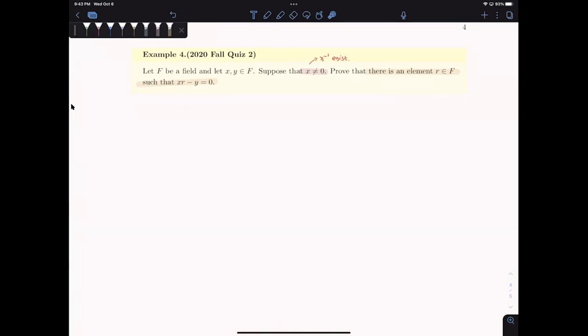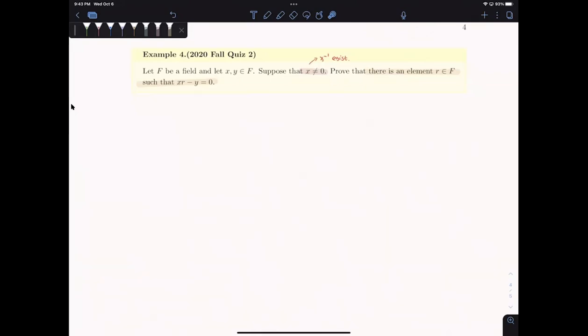When you saw this before, what did we do? How do we prove there is an element such that something? The answer is right in front of you. What do I need to do? No, no, no, not image. We saw it in the second half of the image proof.